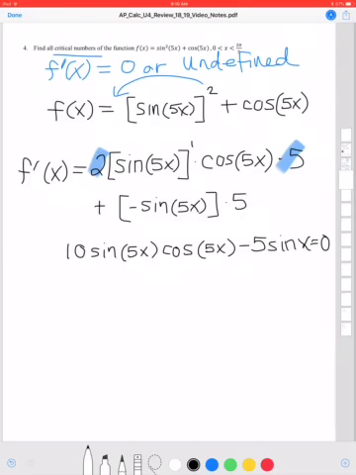Alright. And I want to know, when does this equal 0?